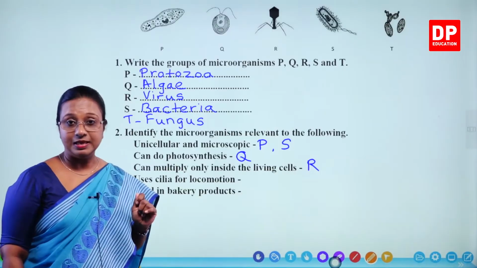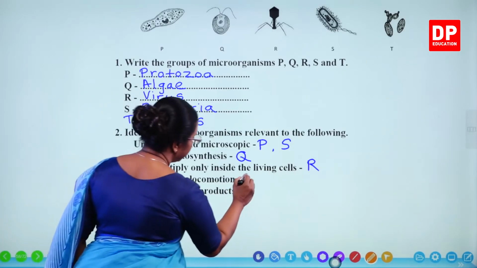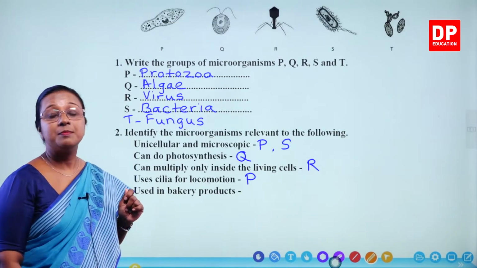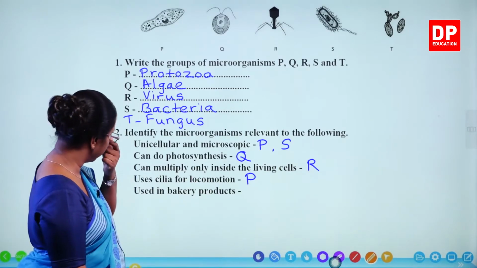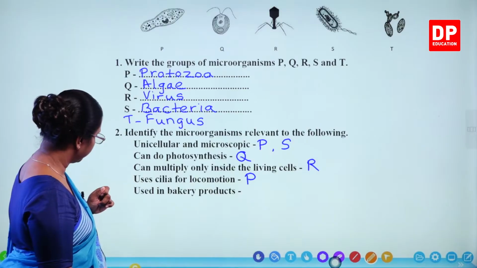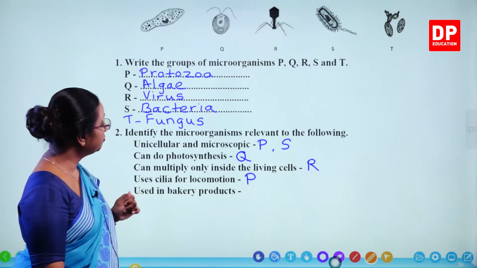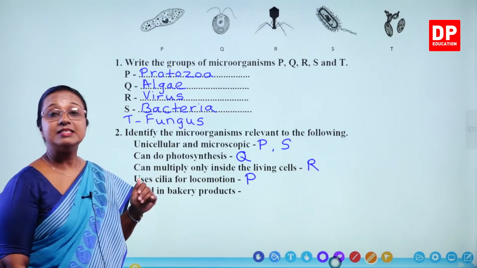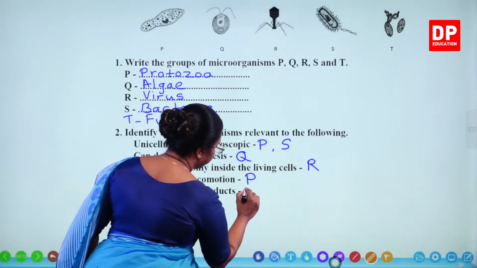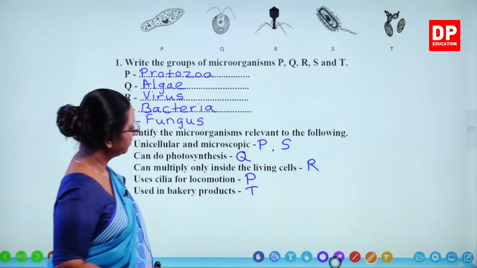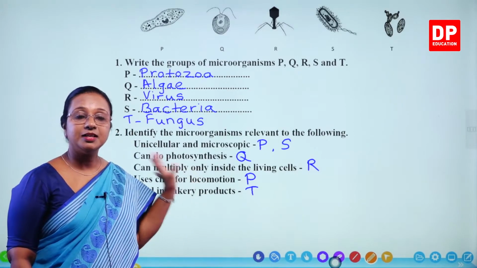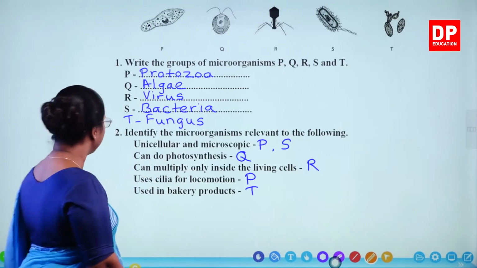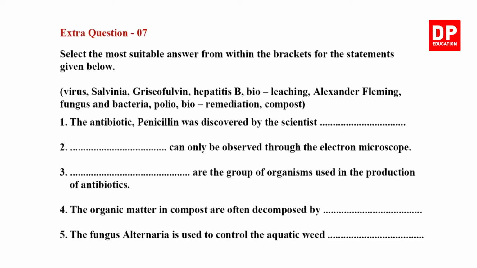Again P. P is a protozoa, that is amoeba, that is paramecium, that uses cilia for locomotion. And finally, used in bakery products. What is that? T, that is Saccharomyces. So it's T. Now are these correct? Did you understand how to answer the questions? Okay. Then I will move on to the next one.